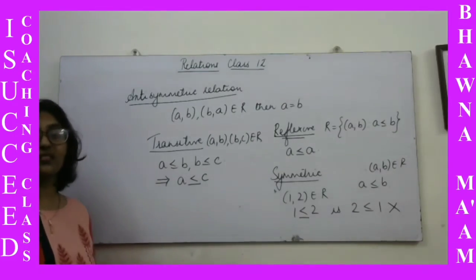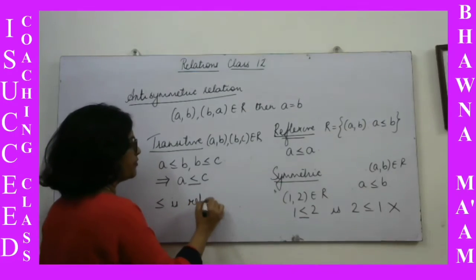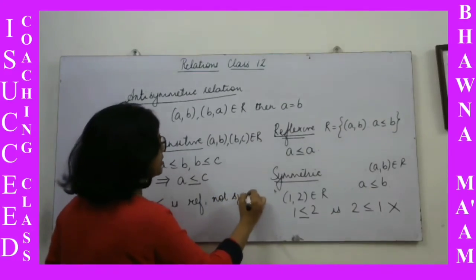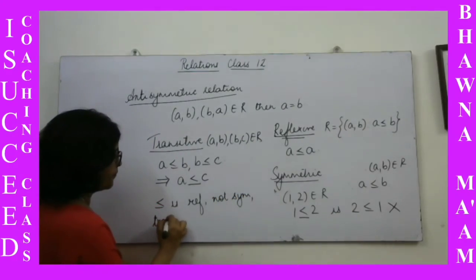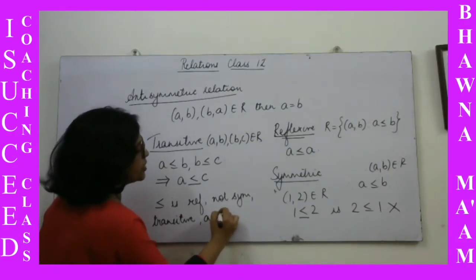So it is transitive. So less than or equal to is reflexive. Not symmetric. It is transitive. And of course it is antisymmetric.